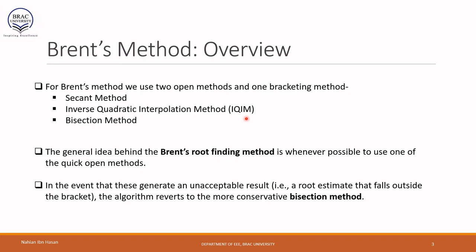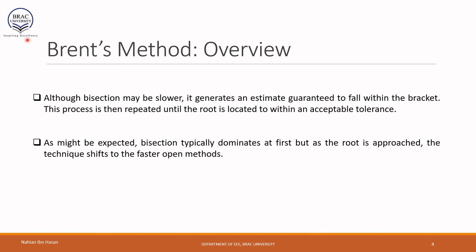The reason behind using the bisection method is that it ensures you will get a root within the bracket. Otherwise, if we only used the open methods, we might not converge to a true root.